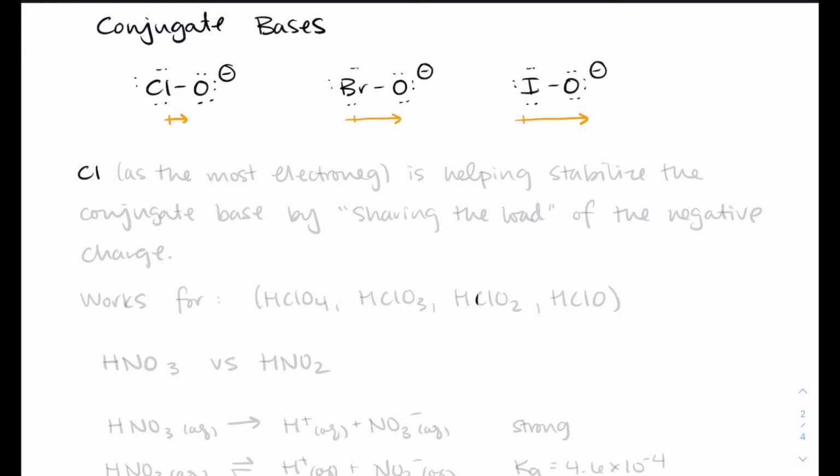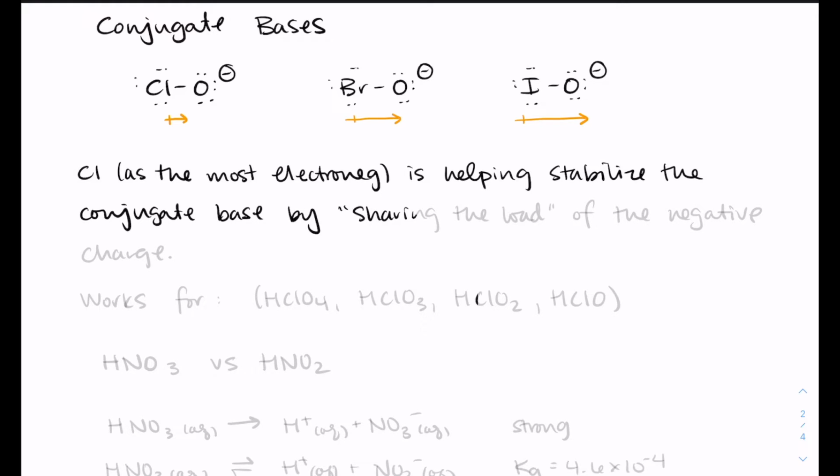Oxygen is not trying to pull as many electrons in that chlorine-oxygen bond because the difference in electronegativity is smaller. In the IO minus, oxygen has the negative charge because we took the proton off, but then iodine is also like, yeah, here, you can have my electrons, and then oxygen is carrying the full load of this negative charge.